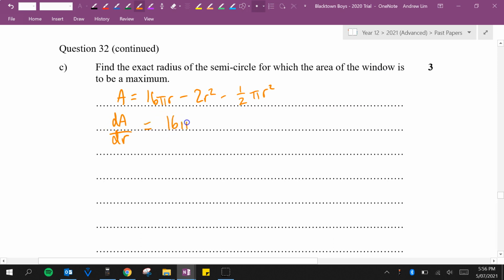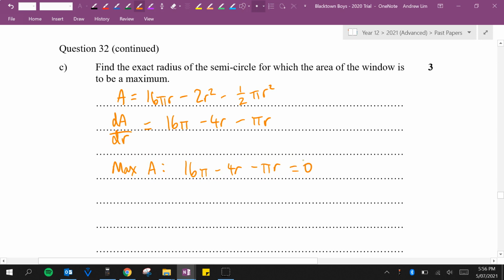This gives us 16 pi minus 4r minus pi r. So maximum area is when that is equal to 0. 16 pi minus 4r minus pi r is equal to 0.